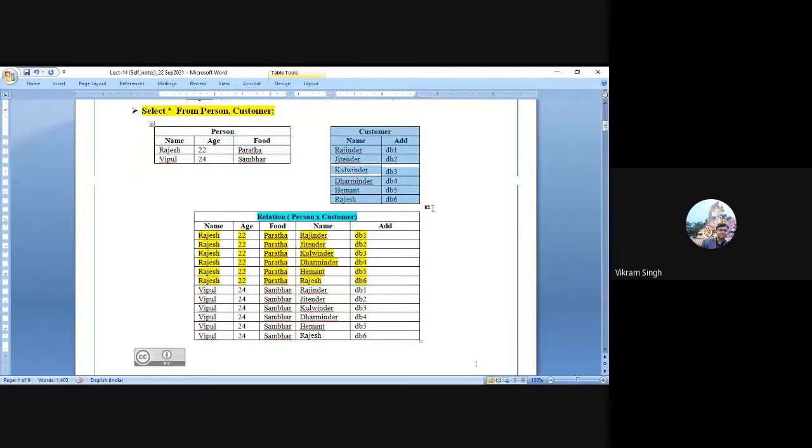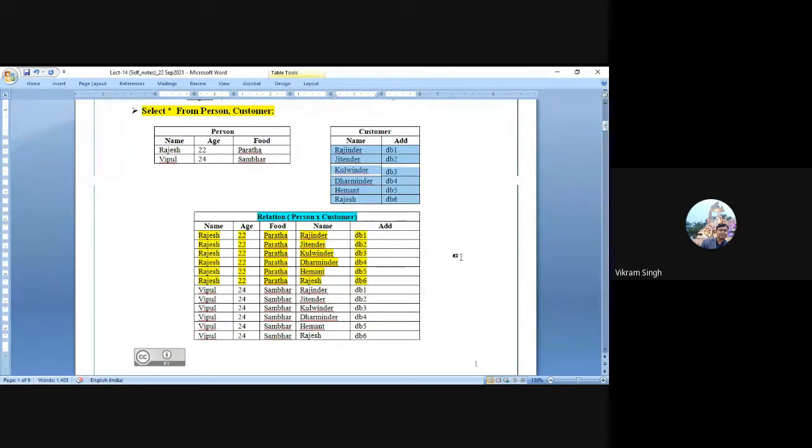Now if you see this query, select star from person, customer, naturally in temp one, which is the result of the from clause, it will create the Cartesian product of both. The combination of the very first tuple of person will be created with all tuples of the second relation. That's what the typical Cartesian product is, right?